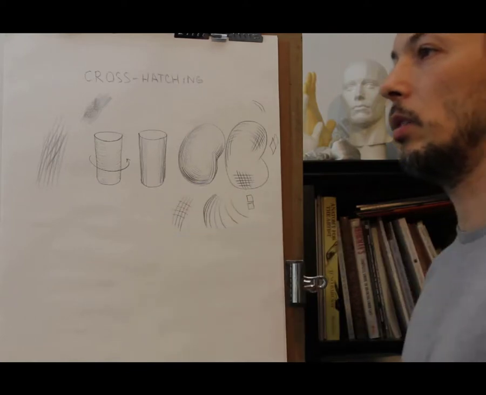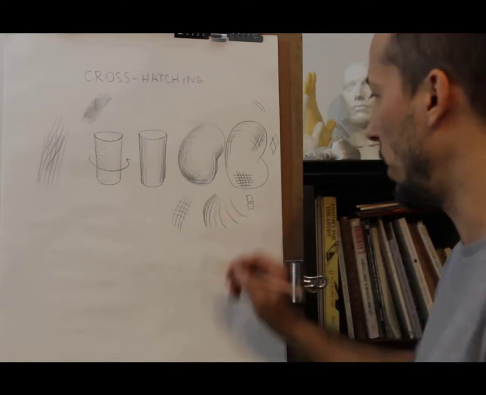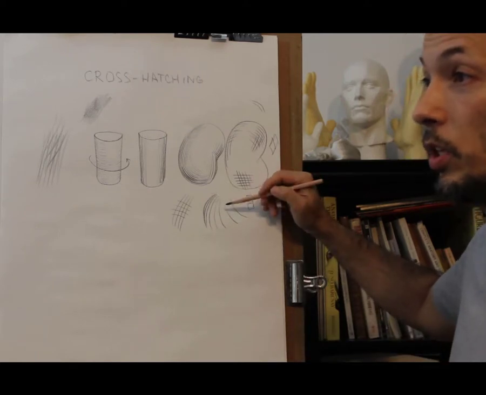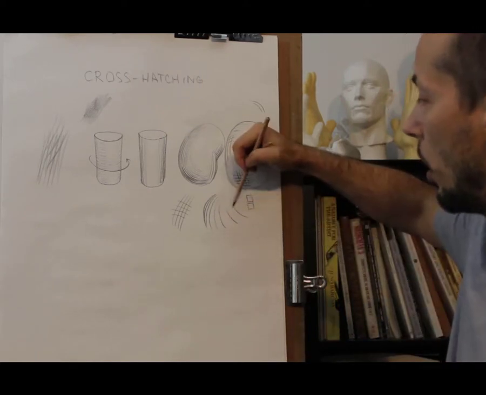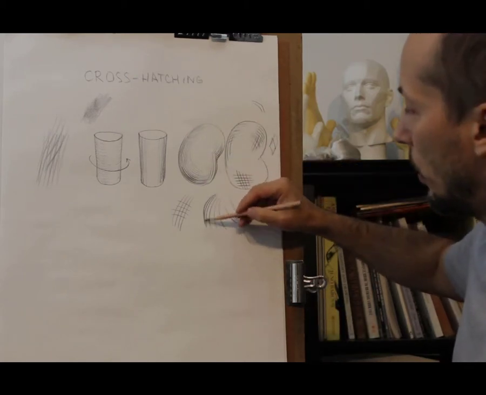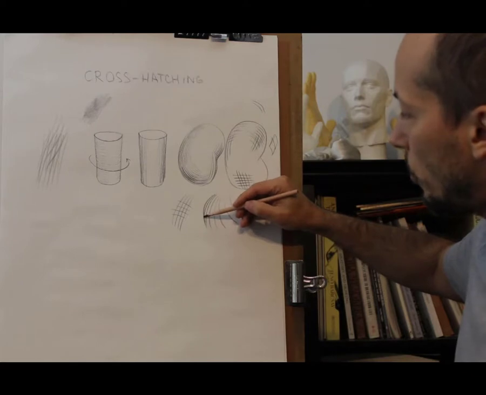So they start getting less space in between. And if you're adding another layer of cross-hatching, I suggest you don't go across all the way, but suggest kind of a similar but slightly different angle.